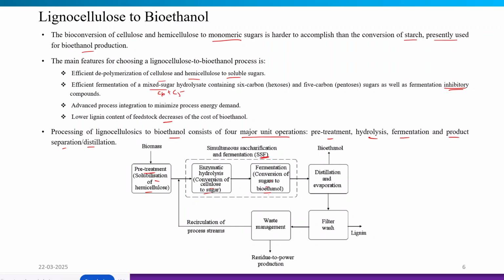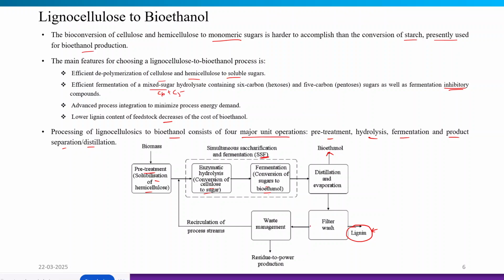Sugar to bioethanol conversion takes place, and then the bioethanol is taken for the distillation and evaporation process, where bioethanol is taken out from the top of the distillation unit, and the rest of the material is filter washed to separate the lignin, because it is very difficult to decompose or convert the lignin component due to its high crystallinity.